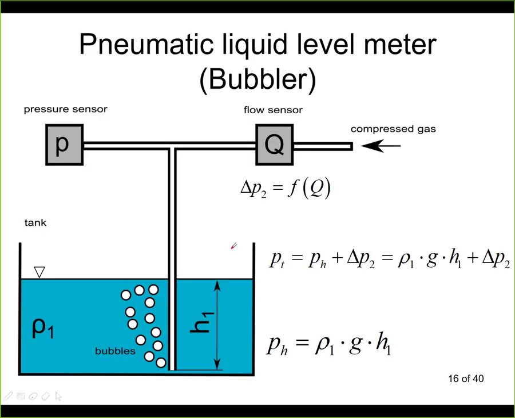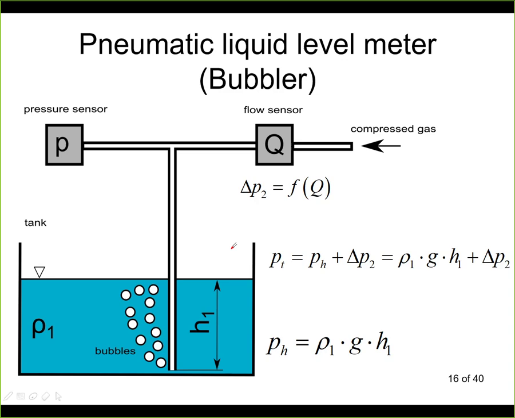Okay, so now let's leave this pressure principle, and let's see something else. And this something else will be, on the other hand, very suitable for applications where we have sediments. It is called a bubbler. Also, it's called a pneumatic liquid level meter.